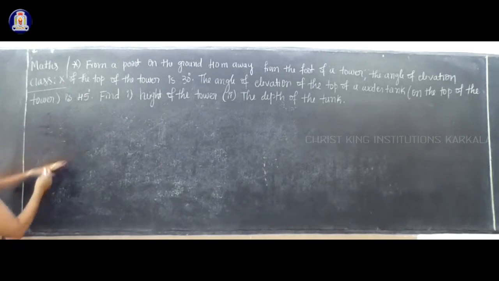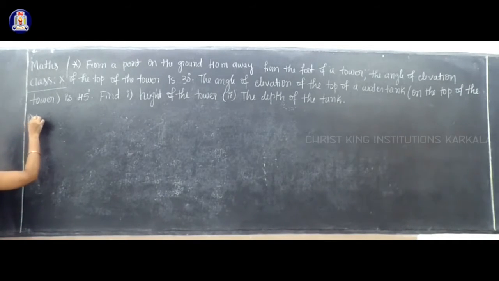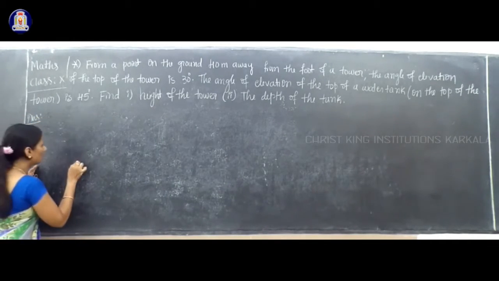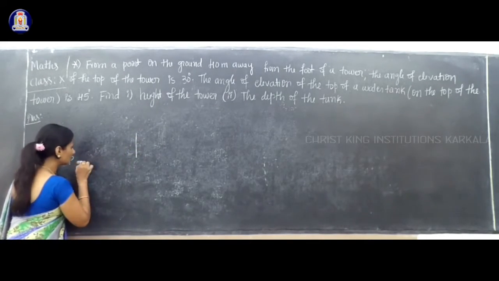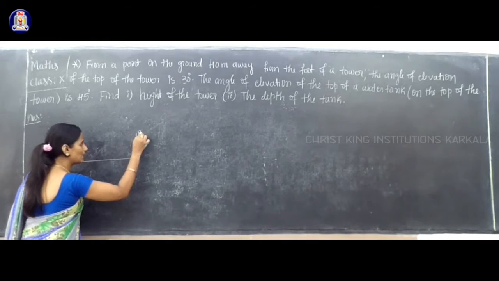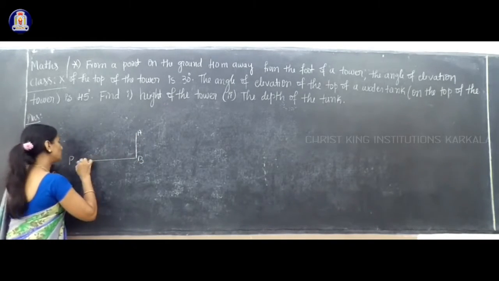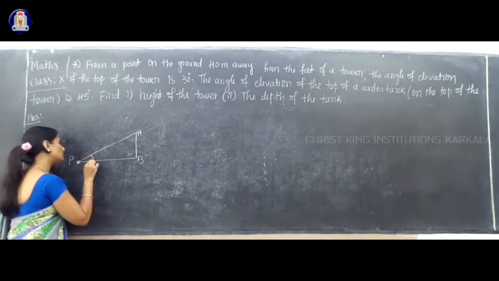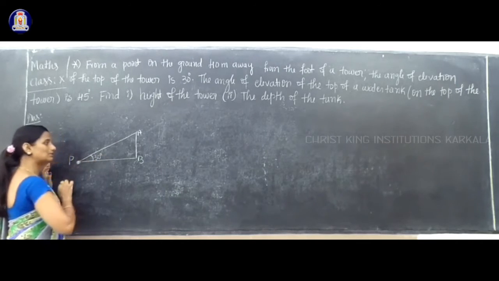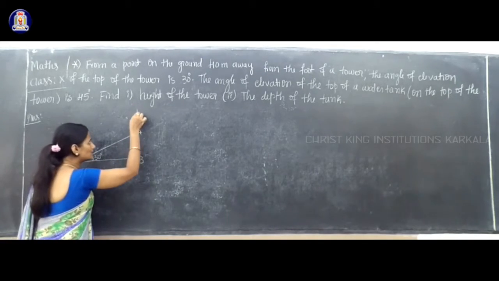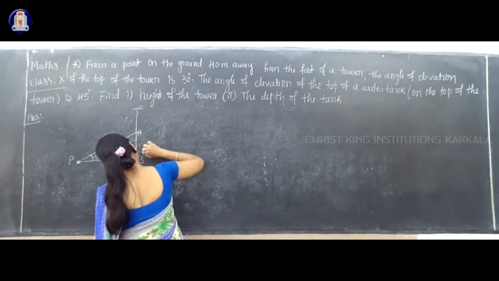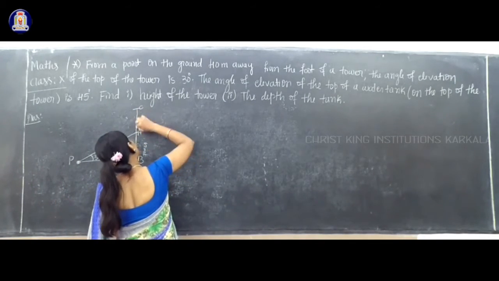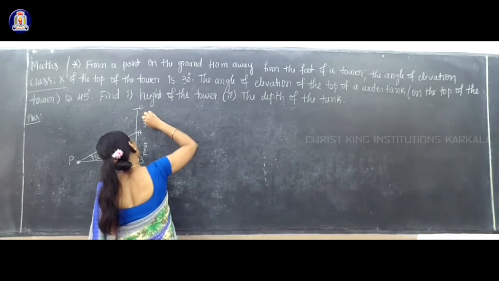So now how to do this one? From a point, this is the point and this is the tower, that is AB. From this point to the top of the tower, your angle of elevation is 30 degree. On this there is a water tank, that is C. So AB is the tower and AC is the water tank.